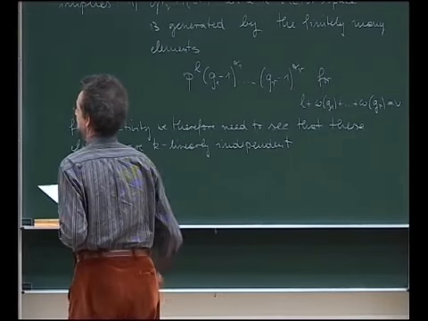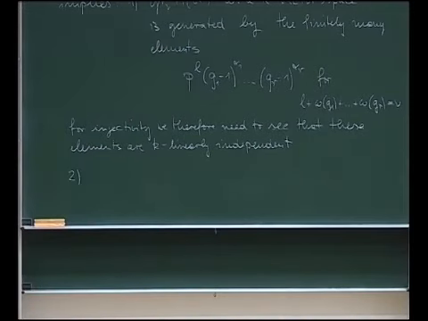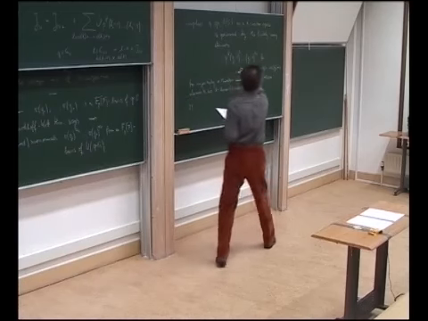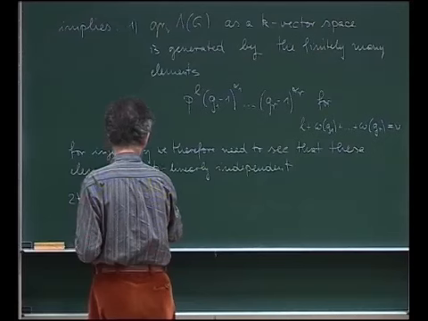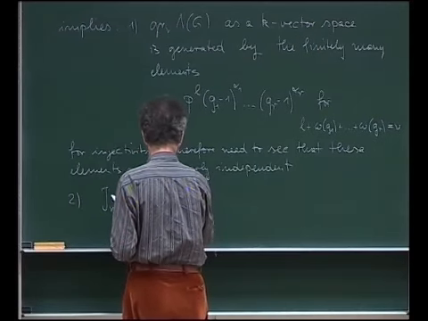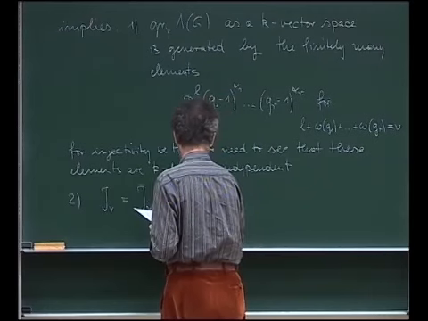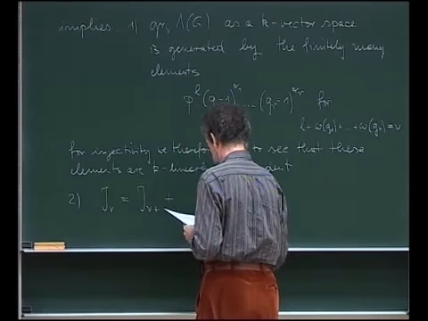So this is 1, somehow. And then, of course, we see that in this equation we can replace this sum by the sum over these elements.